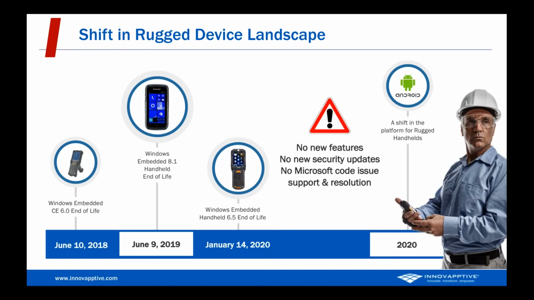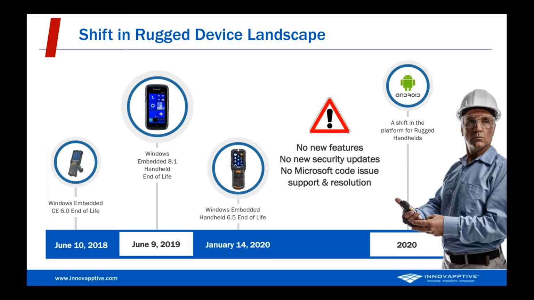One of the big changes going on over the last couple of years and into the near-term future is the end of life of some of the Microsoft operating systems. Those systems, things like Windows Embedded 6, Windows Embedded 8.1, and the various versions that have been launched over the last 10 years or so, are all coming to an end of life in the next 2 years.